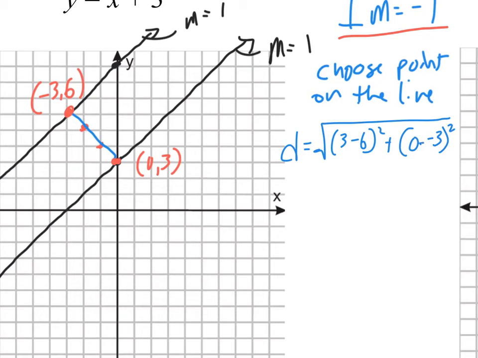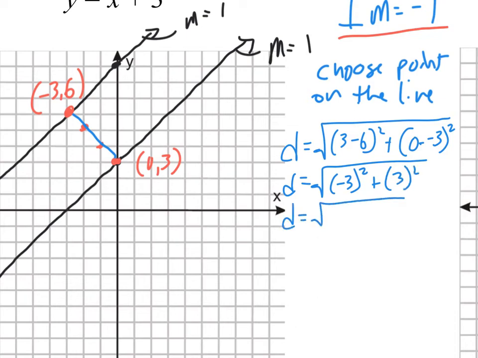Okay, and so my distance then is equal to the square root of (-3) squared plus (+3) squared. So my distance then is equal to the square root of 9 plus 9. So my distance is equal to the square root of 18.